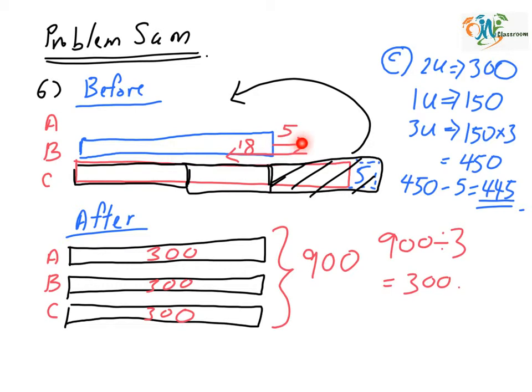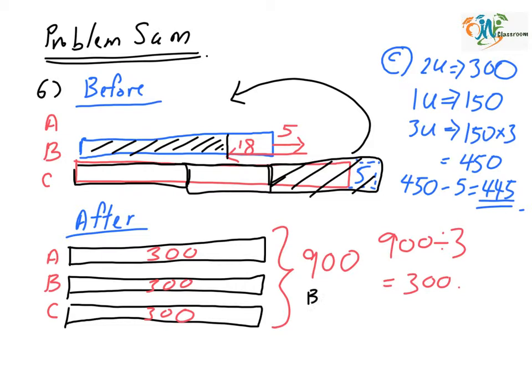So we add in 5, we must minus away 18. This is the amount that B has at the beginning. So basically it will be just 2 units plus 5, then we minus away 18. You understand?